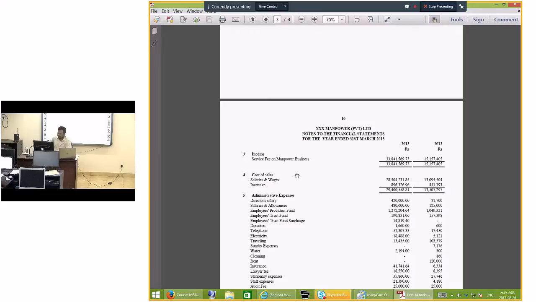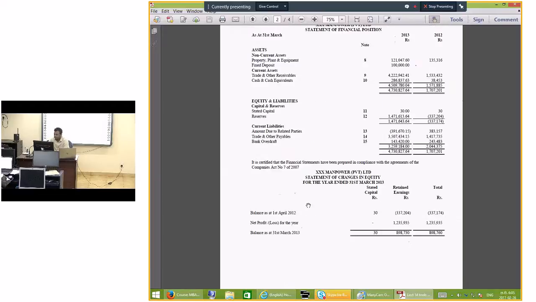That fixed deposit was not there at the beginning of the year, last year it was not there, so they opened it this year. If it was there last year, there definitely should be income. Sometimes there may be income underestimation. If it was opened during the year, alert one.